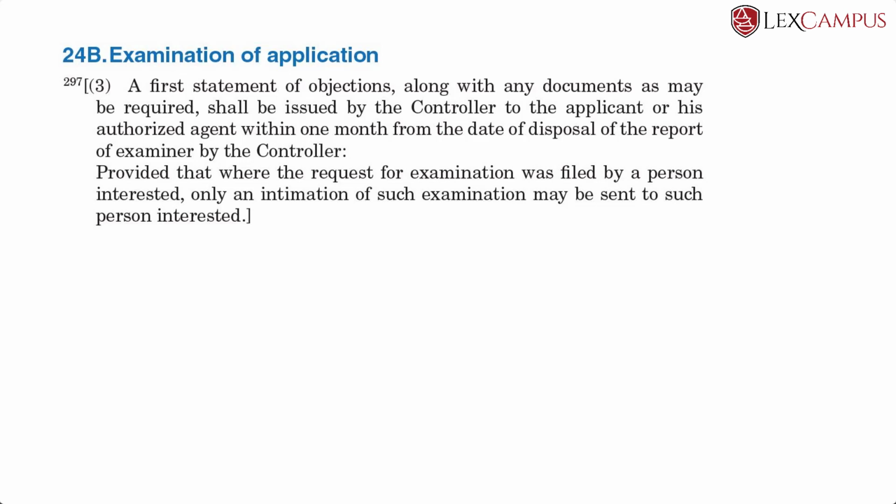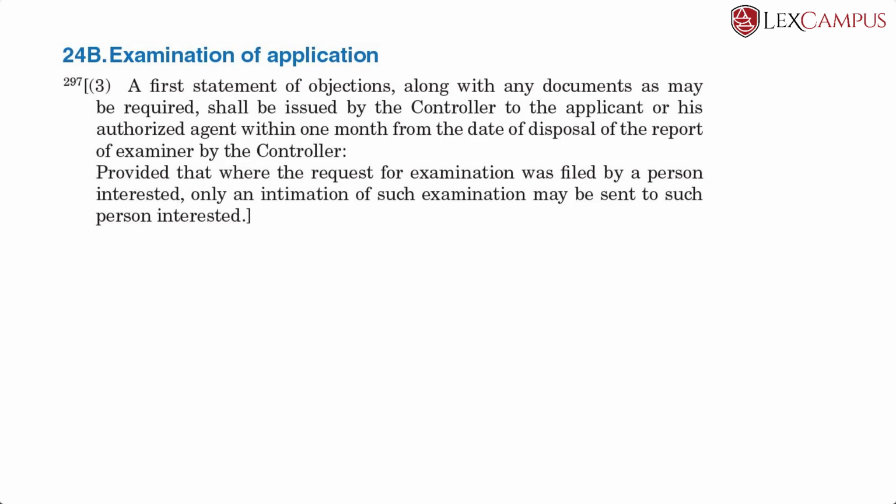So this clearly states that the applicant is still the person who gets to drive the examination process, because assume that the first statement of objection is issued and the applicant does not reply to it within the timeline prescribed, again the patent application will be deemed to have been abandoned.